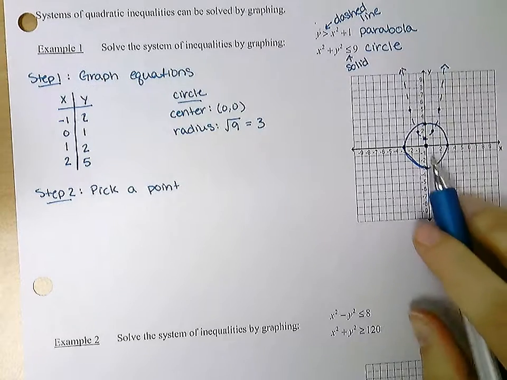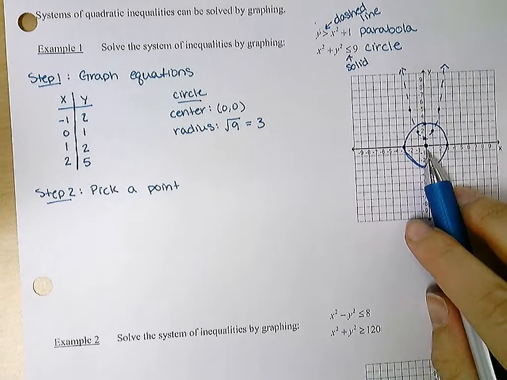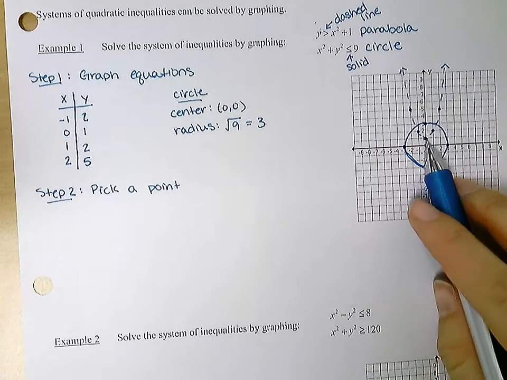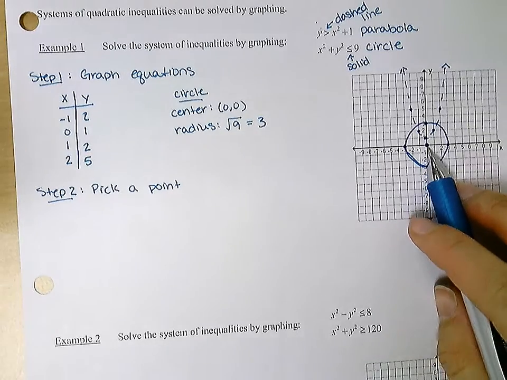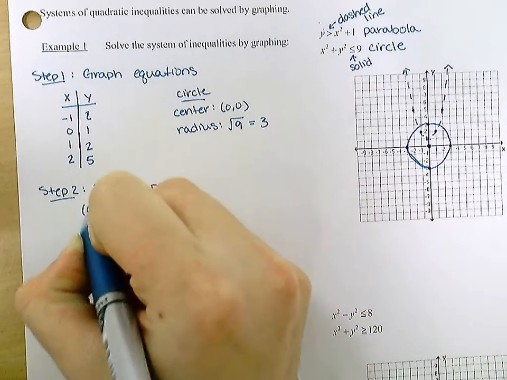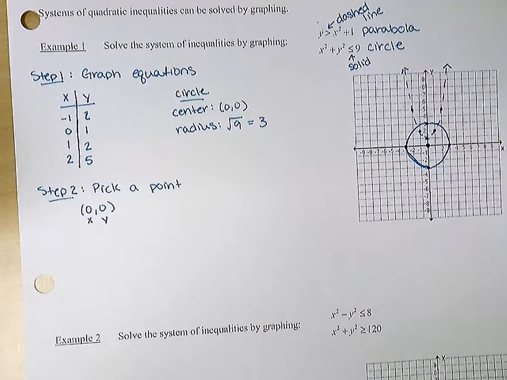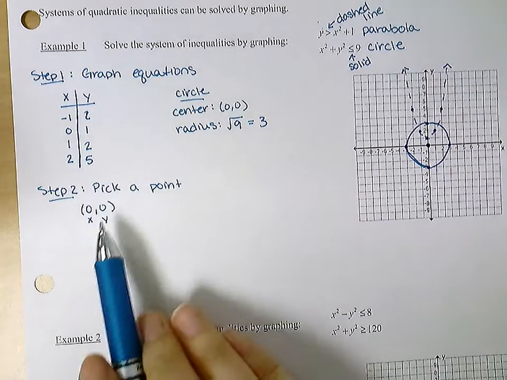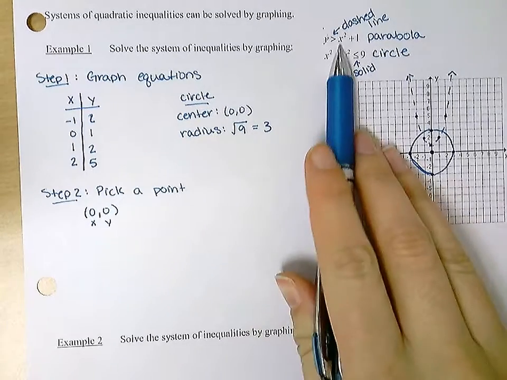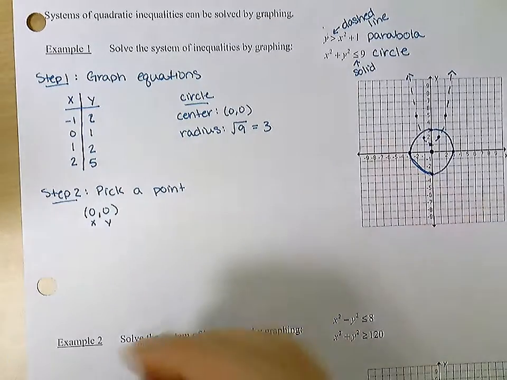When you can, pick 0, 0. Your parabola's vertex is above that, so we can pick 0, 0 for this. I'm just going to plug in 0 for both x and y into that equation.